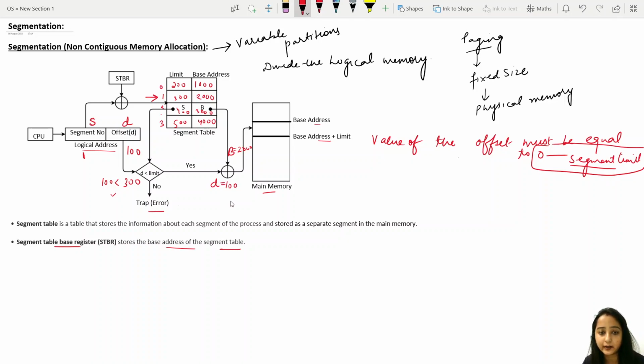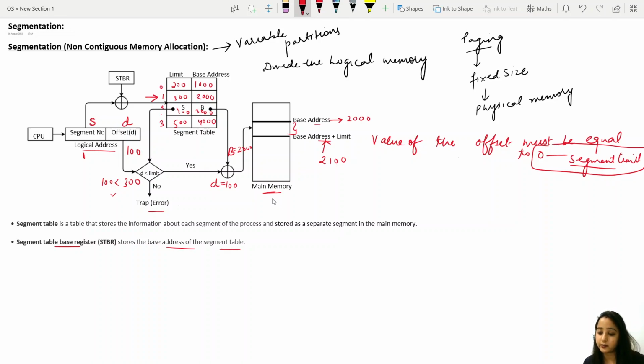I simply added, so this will be 2000 plus 100, that is 2100. So I'll get 2100, and this same address I can find in the main memory. I hope segmentation is clear to you.